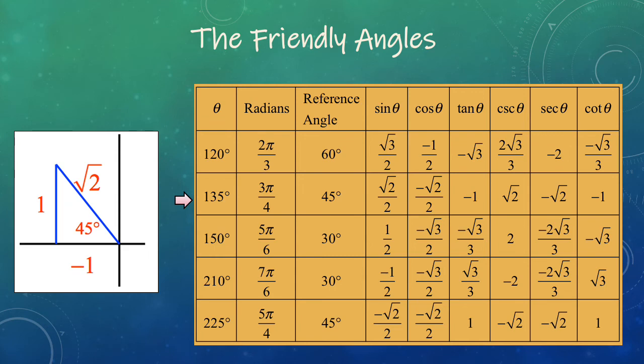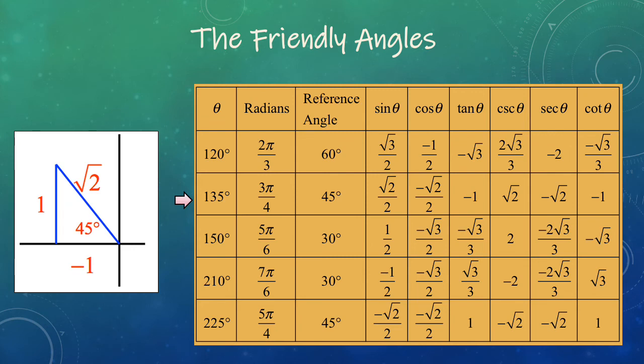The x is negative 1 as we're in the second quadrant, but y is 1, and the hypotenuse is the square root of 2. So sine of 135 degrees is the square root of 2 over 2, while cosine of 135 is negative square root of 2 over 2, and tangent of 135 degrees is negative 1.